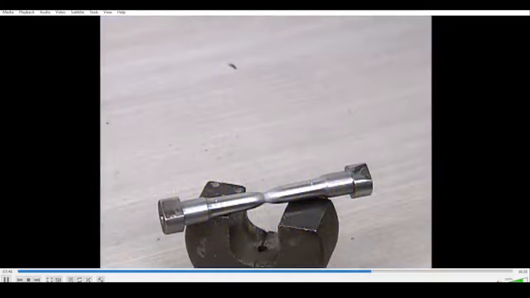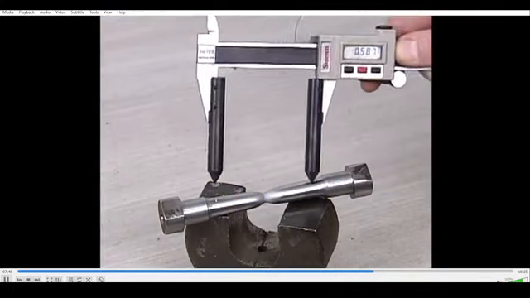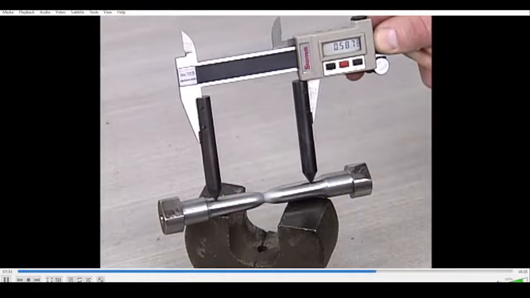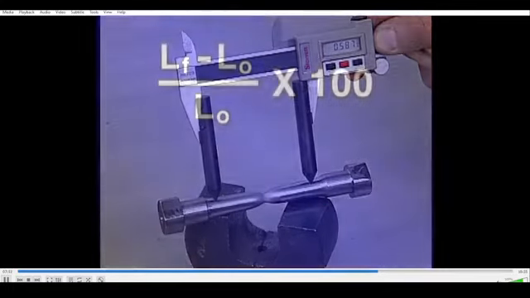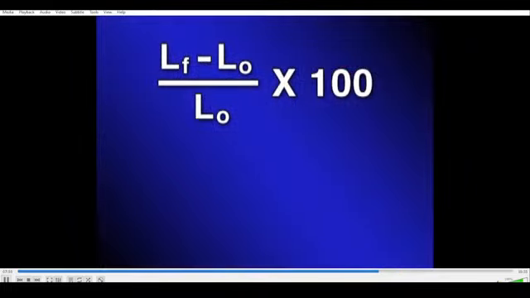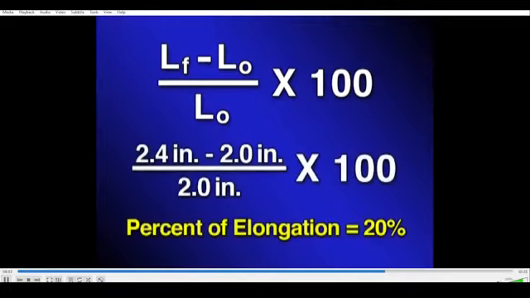The percent of elongation is determined by measuring the final length between the punch marks with calipers or a micrometer. The difference between the original and final lengths is divided by the original length and then multiplied by 100 to obtain the percentage. In our example, the percent of elongation is 20%. A higher percentage indicates a greater ductility.